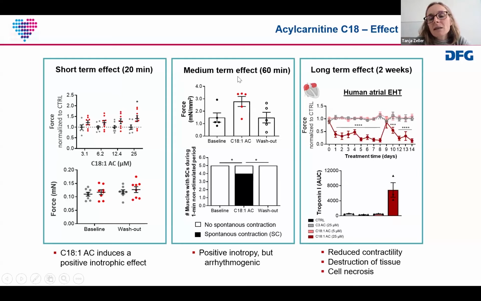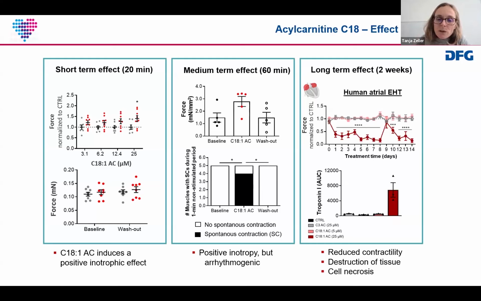But if you treat it for a medium-term effect, then these spontaneous contractions started, which is shown here in the red bar, and also with this black line in the lower part. But this was specific for C18, because when we washed it out, when we just changed the medium, the spontaneous contractions were removed.